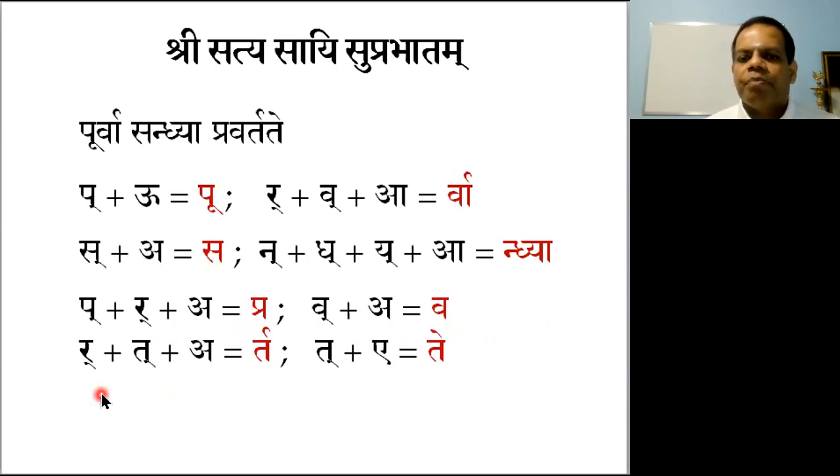R, t, and a. Rta. As you can see, again, ra, when it precedes in a compound consonant, the first letter, it's a hook at the top. Rta. Okay. The next letter is Te, which is t plus e gives you Te.